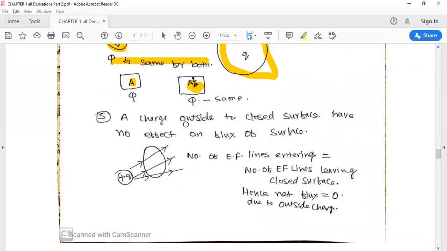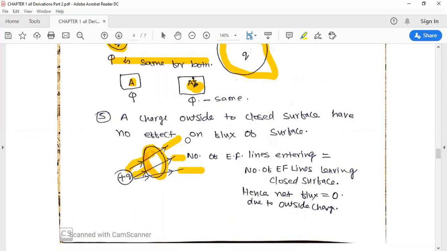The fifth one is that a charge outside the enclosed surface has no effect on the flux of the surface. Suppose there is one charge and we want to know the flux on this surface. Due to this charge, electric lines of force will pass through this point; they go out from this, in from this, out from this, in from this, out from this.